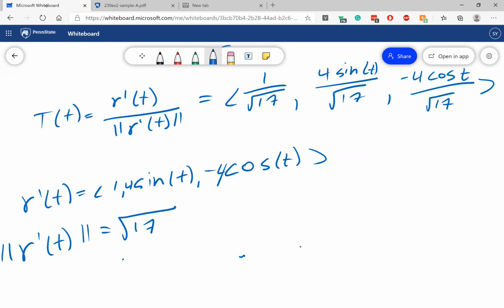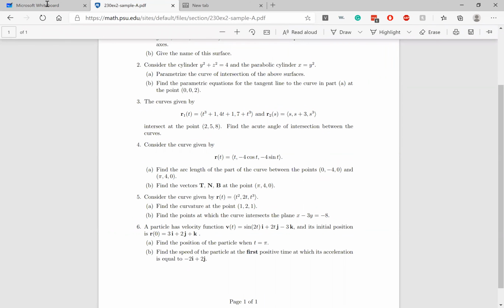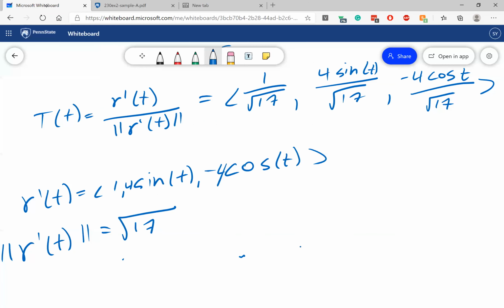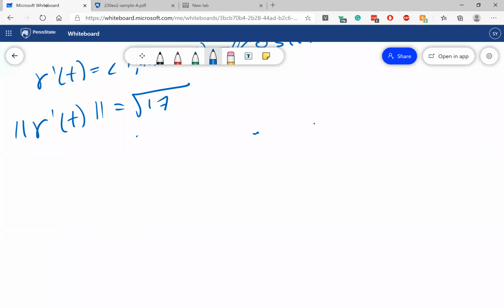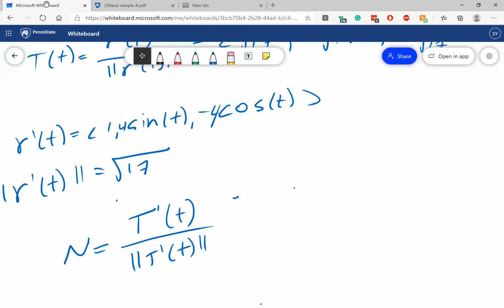So now the next thing that we want to know is N. We found T, so now they want us to find N. N is equal to T prime of t over the magnitude of T prime of t. So what's T prime of t?